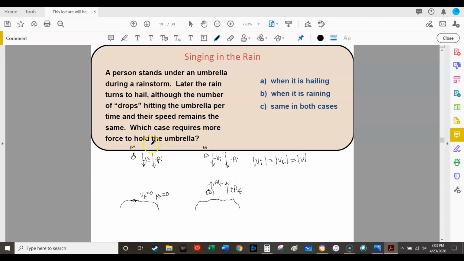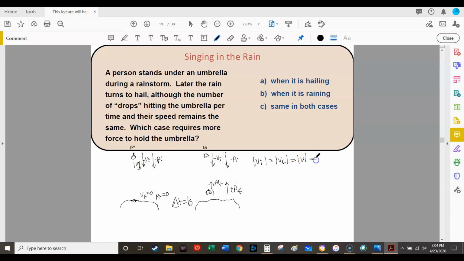Okay. Well, which is going to require more force to hold the umbrella? So let's say this: both impacts occur over the same period of time, and we'll just call it 1 second just to make the math easier. And we'll say that the initial speed down is going to be 1 meter per second.